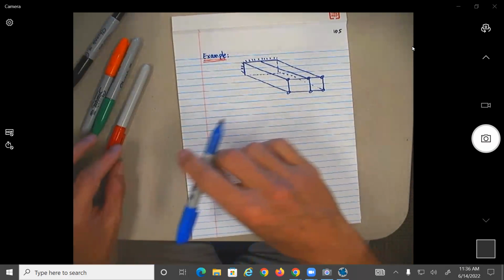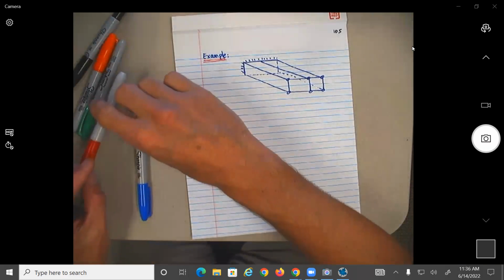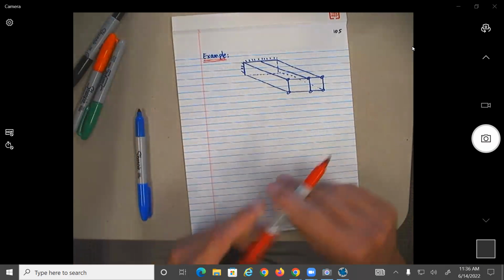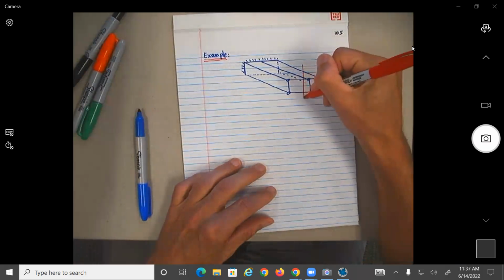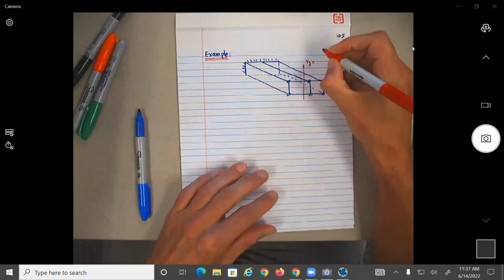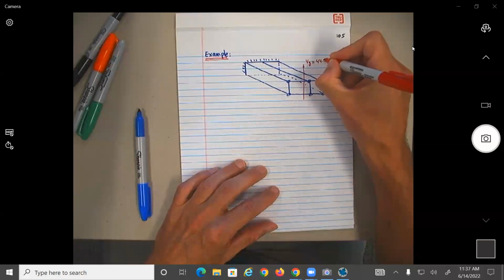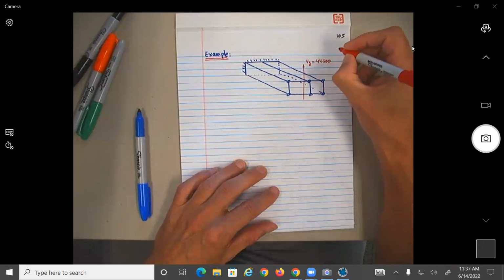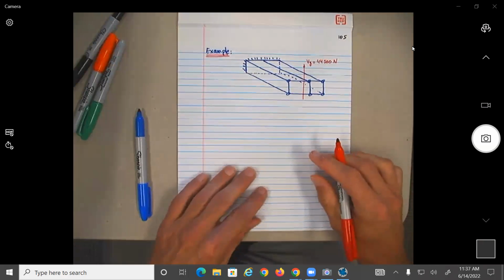All right, so in here we know there is a force Vy equal to 44,500 newtons.